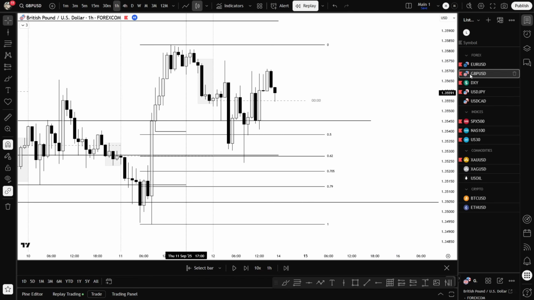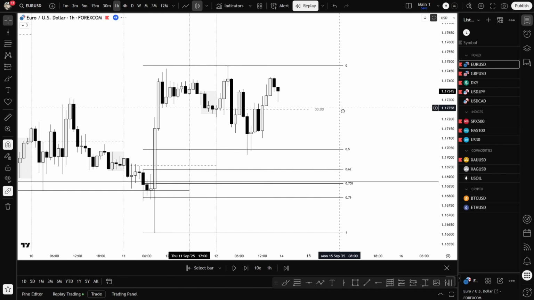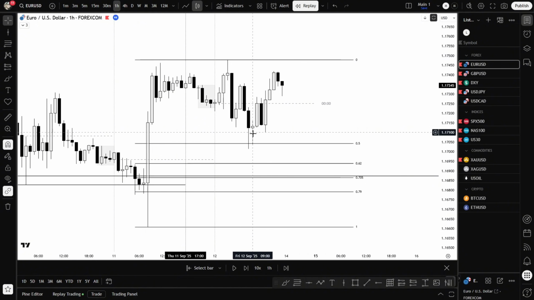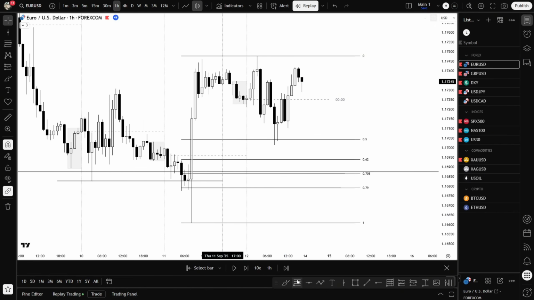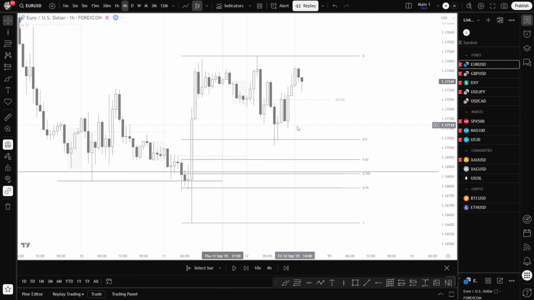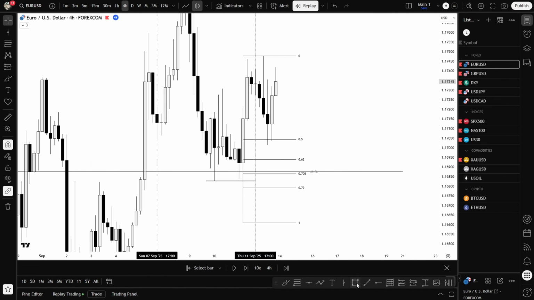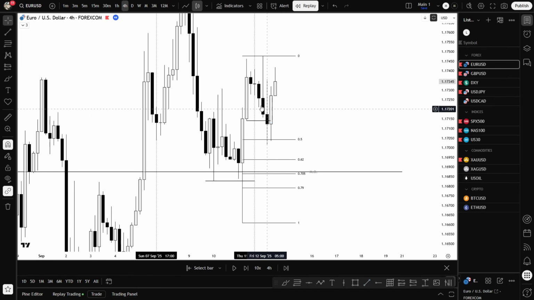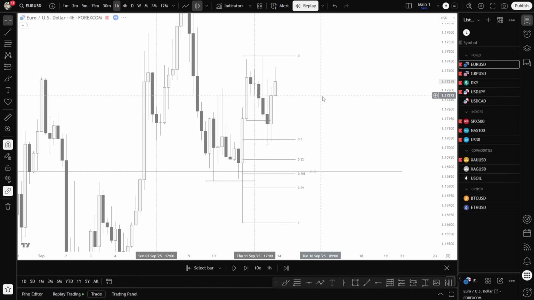Now if you are monitoring only EU, what do you expect? Since you have a range on the H4, you probably expect a deep retracement, but you will not have it because it only stops at the 50%.